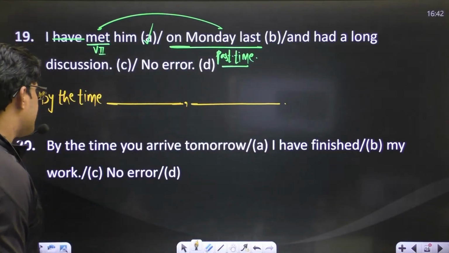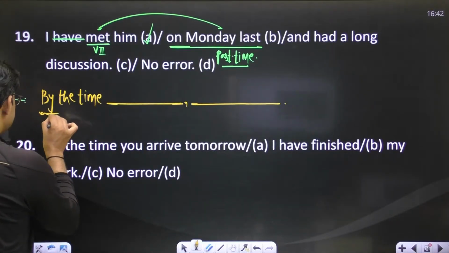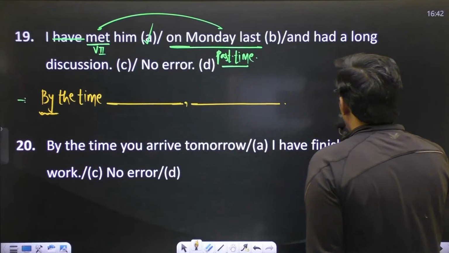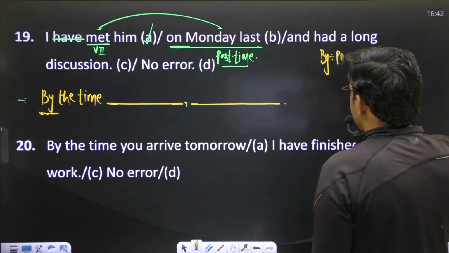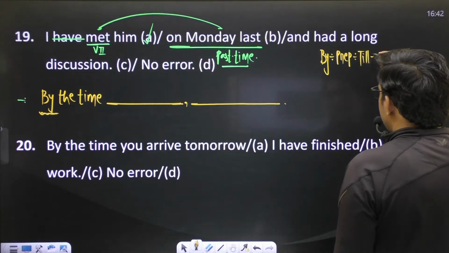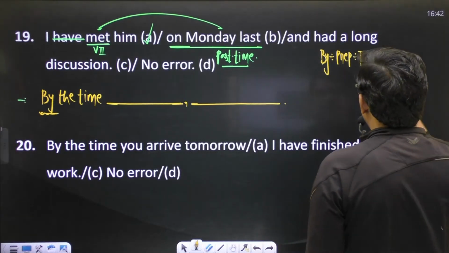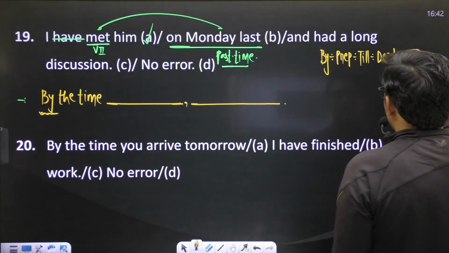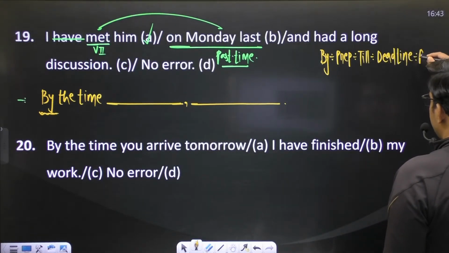This preposition "by" denotes the sense of "till". Till denotes the deadline, and to denote a deadline it demands perfect tense, right?